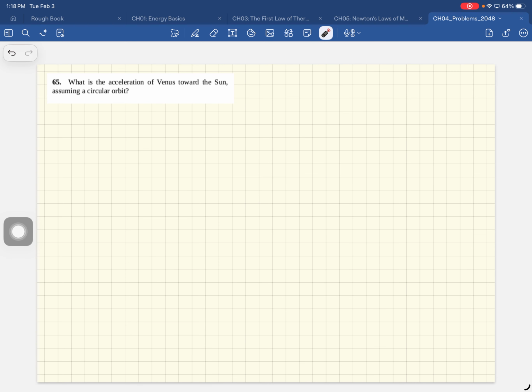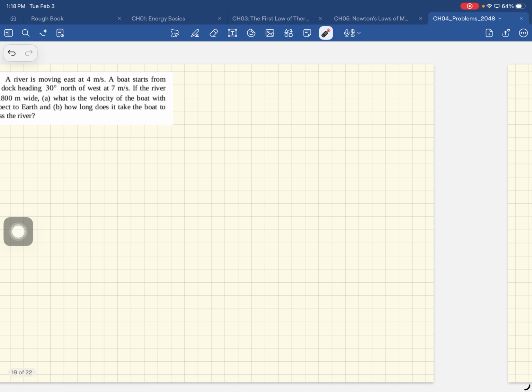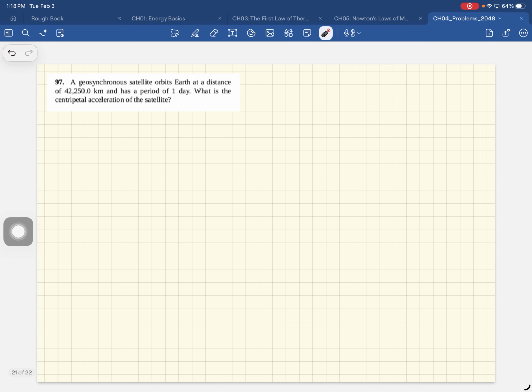So it's 10 to the minus 3 meters per second squared, and that's 3.5 squared divided by 1.08.